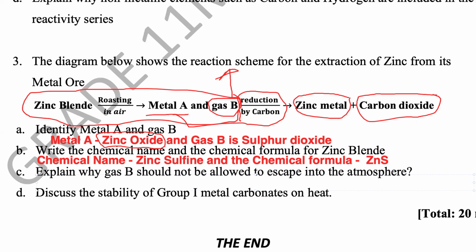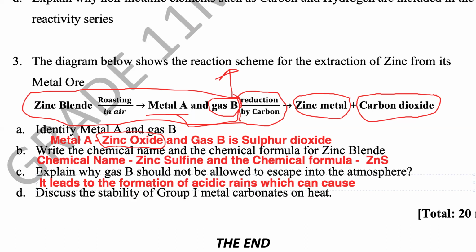So the best that you would say is that it leads to the formation of acidic rains. Acidic rains which can cause damaging of the vegetation, changing the pH of the soil.